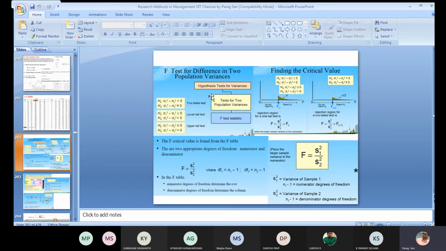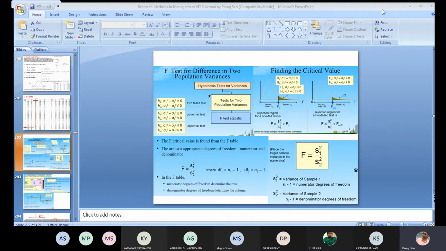So you can see that f is given by s1 square divided by s2 square, where the degrees of freedom 1 is n1 minus 1 and degrees of freedom 2 is n2 minus 1. And s1 is the variance of sample 1, s2 is the variance of sample 2. n1 minus 1 is the numerator degrees of freedom, n2 minus 1 is the denominator degrees of freedom.